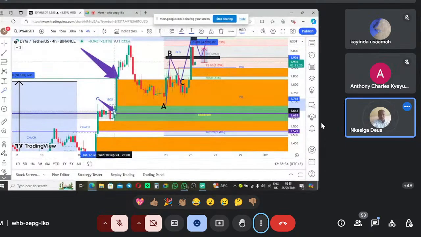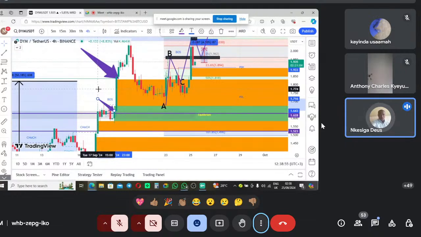They are looking at the first candle before the bullish, and again, they are looking at the second candle after the bullish. That's what they consider, and they draw those fair value gaps.